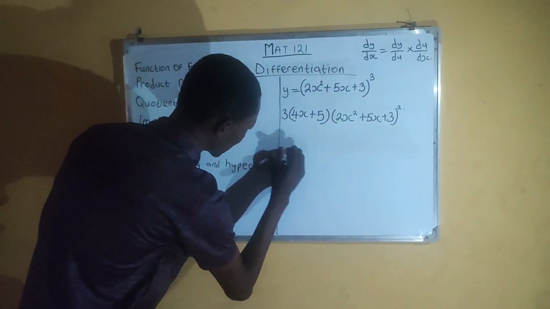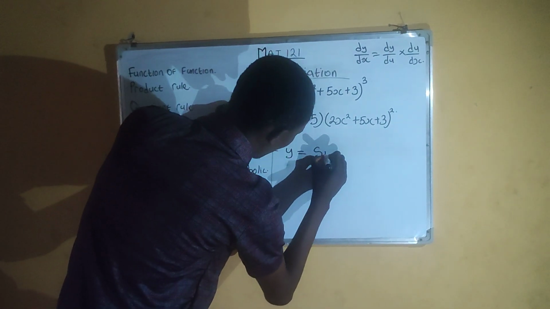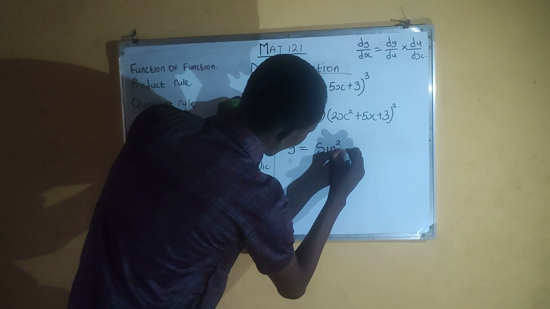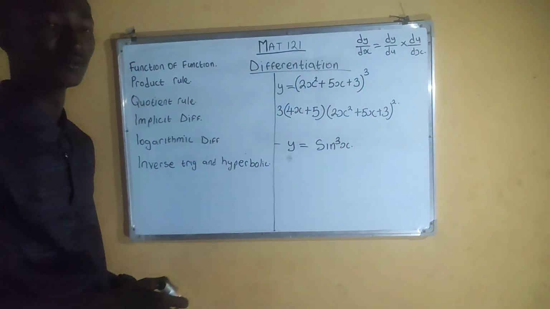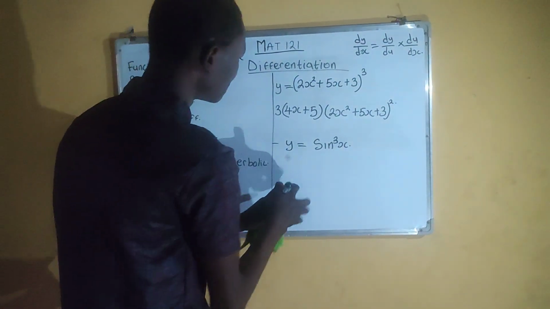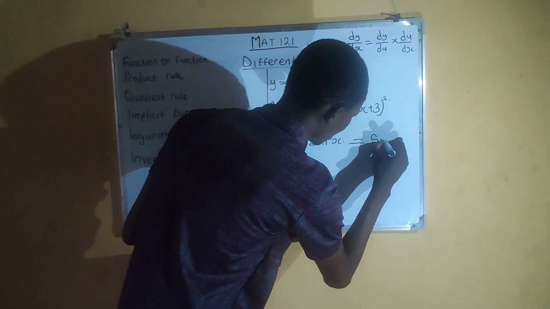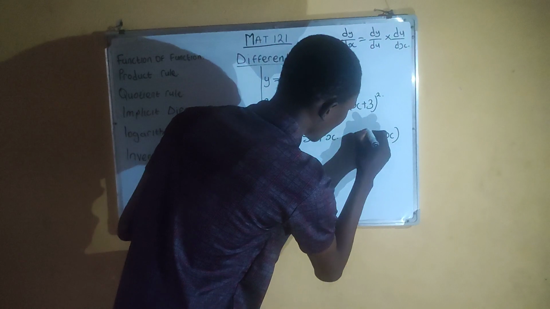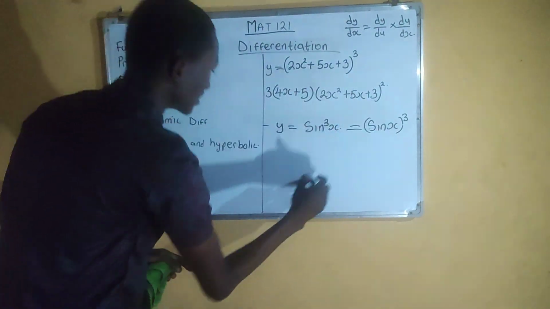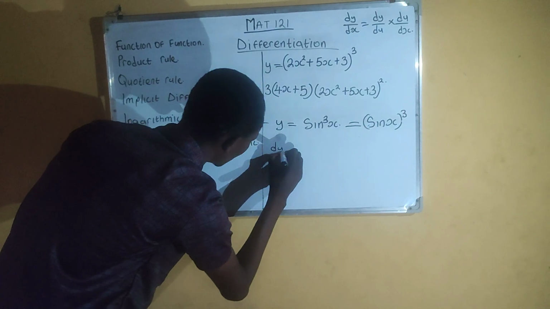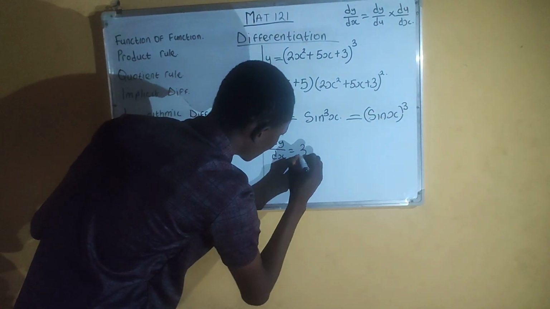Let's take another example for that. y is equals to sine cube of x. So when you are given a question like this, the same thing. You all know that sine cube of x is the same thing as saying sine x everything raised power of 3. So like I said, let this power come to the side. So when you differentiate, your dy/dx is equals to this 3, let it come to this side.